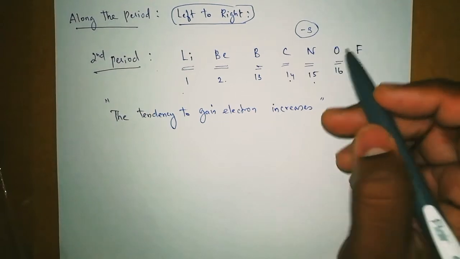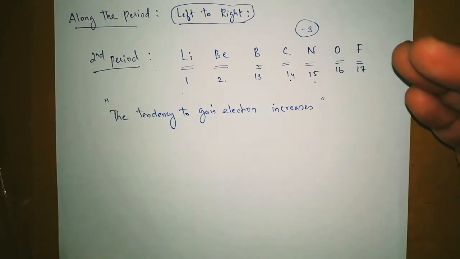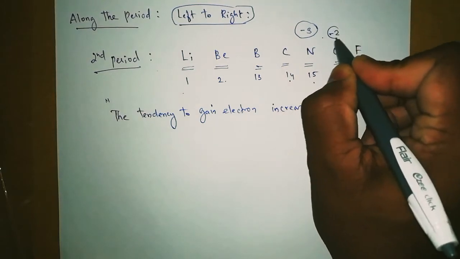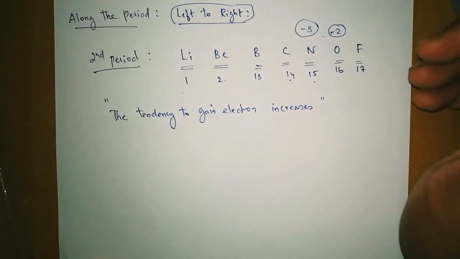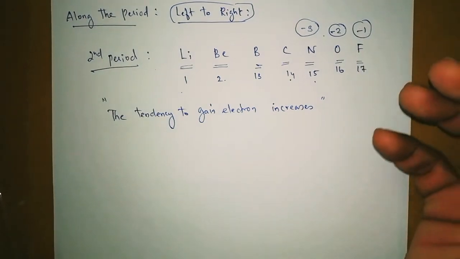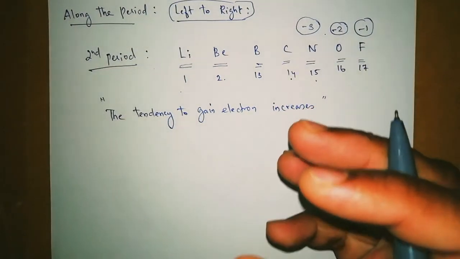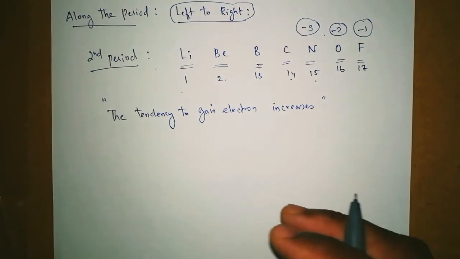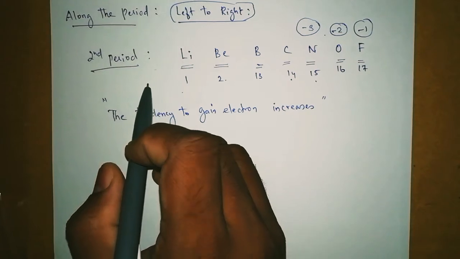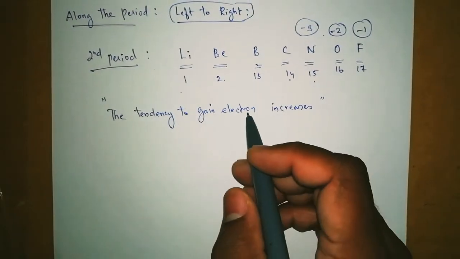That means the tendency to gain electron increases a bit. When it comes to oxygen, they need 2 electrons, even more. When it comes to fluorine, -1. That means they need 1 electron very much. Am I right? So the tendency to gain electron increases as we move from left to right along the period.